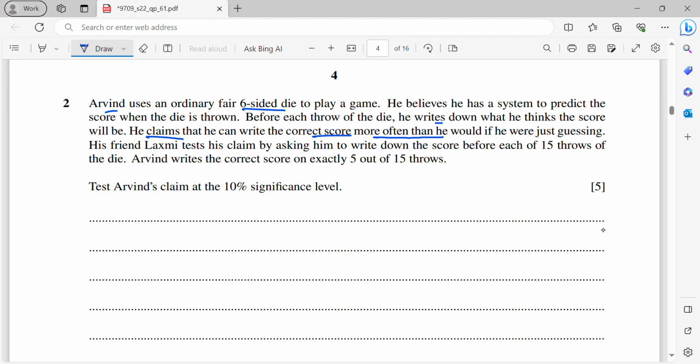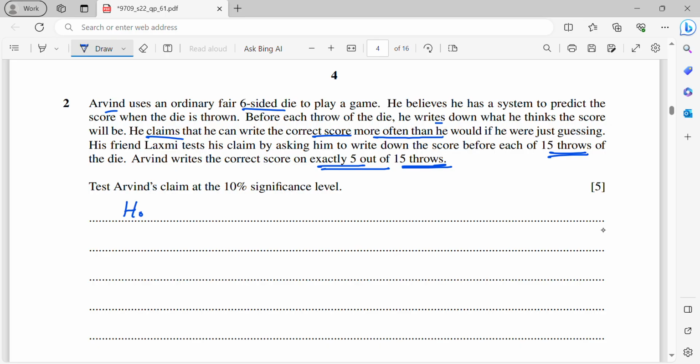His friend Lasmi tests his claim by asking him to write down the score before each of 15 throws of the die. Arvin writes the correct score on exactly 5 out of 15 throws. Now test Arvin's claim at the 10% significance level. So basically this is a binomial distribution.